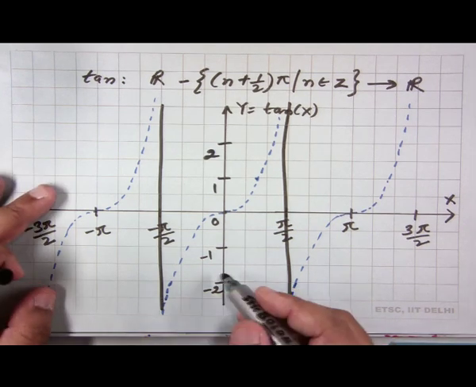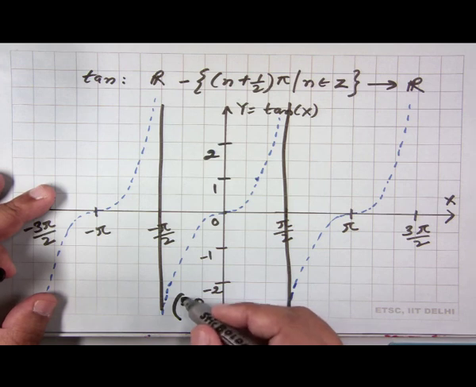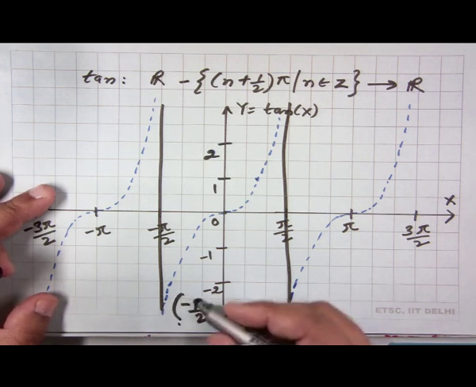So, here we take the open interval. The open intervals are denoted with a rounded bracket, and for the closed interval we take a square bracket.